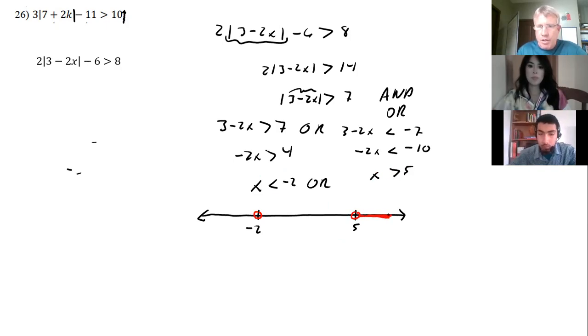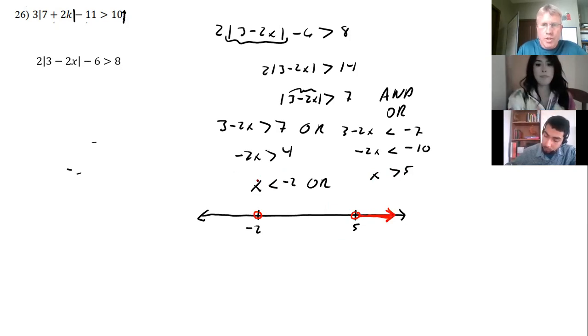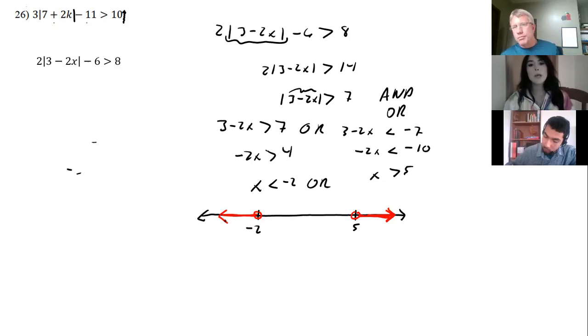I'm getting big by going towards infinity. Or to be less than -2, I'm getting big by going towards negative infinity. Those are the two ways to get big.